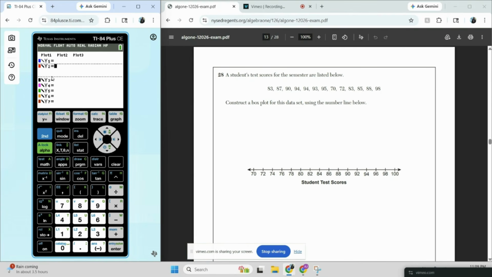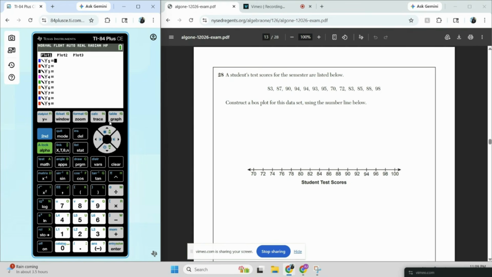I come into my graph. This talks about plots. Second y equals, I need my plot to be on. I'm going to come down to type and I'm going to say I want a box plot. Now important, plot needs to be on.